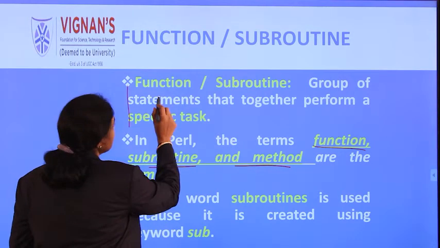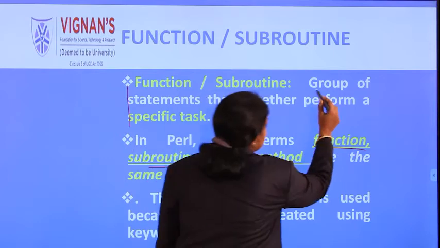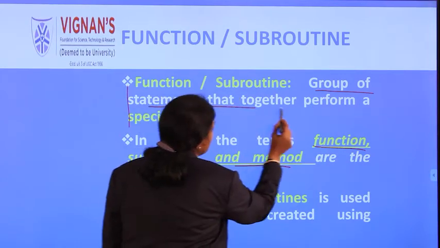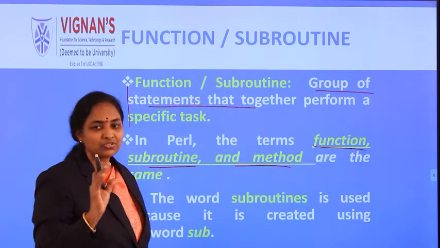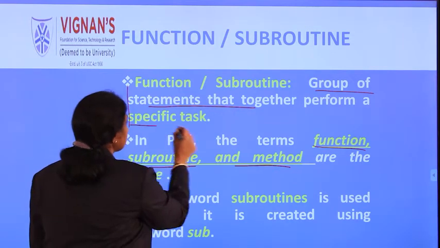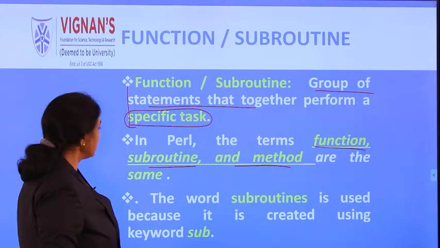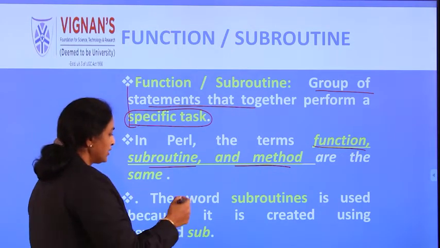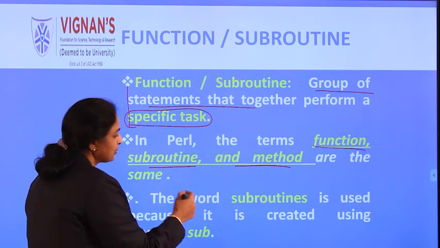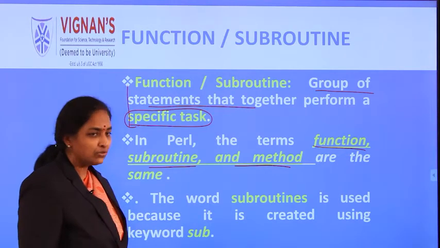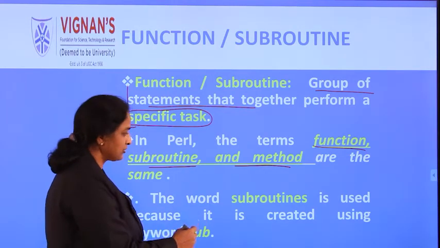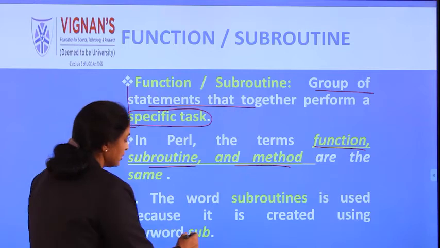A function is nothing but a group of statements that together perform a specific task. That will be the objective. Here you recognize the definition of a subroutine or function by the keyword sub.